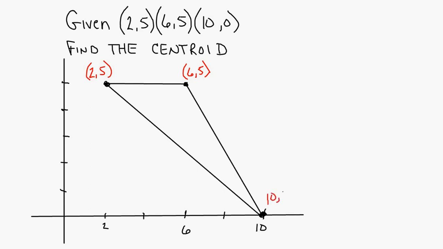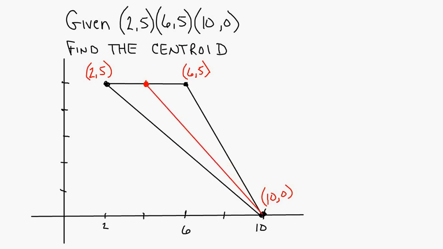So let's find the middle of this side right here. What are the x values? You got a 2 and a 6. What's 2 plus 6? 8. Divided by 2? 4. So there's the middle at 4. If you connected these two, there's one of the medians.